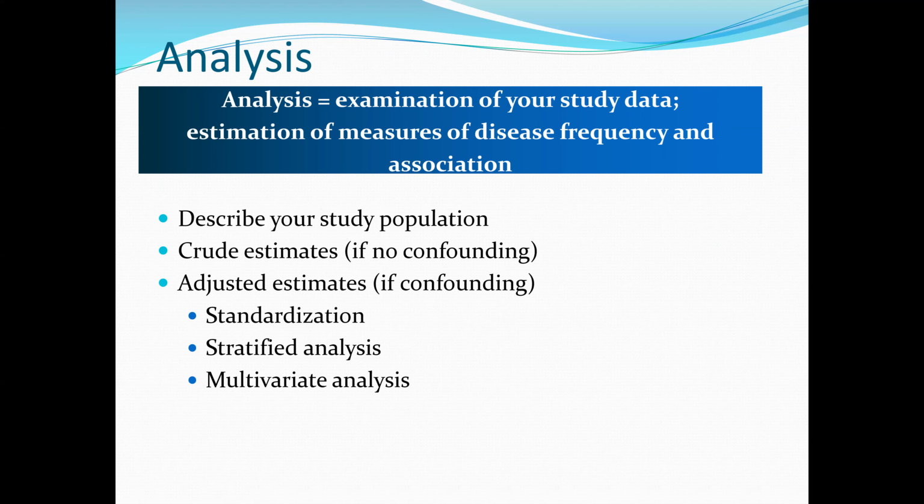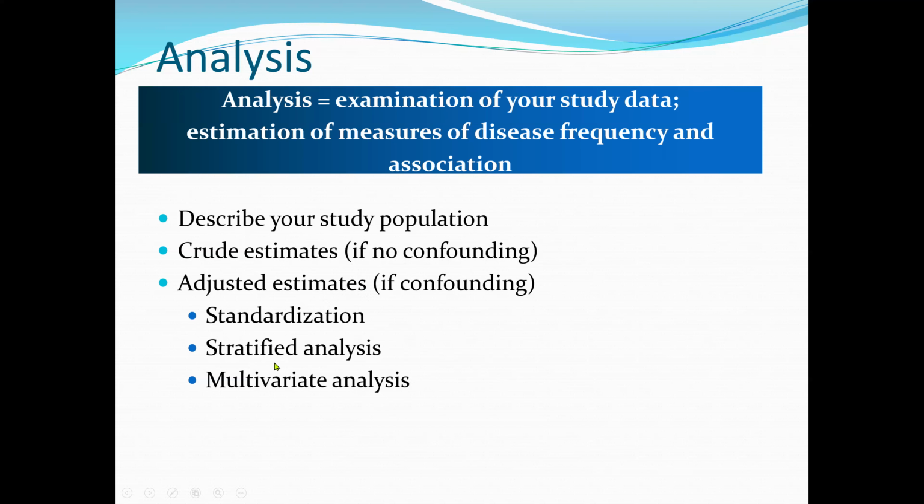We are not going to consider the age of the participants or their status, income, etc. Now, if we are not sure or we think there's confounding, then we do what is called the adjusted estimate. In this case, we need to consider more variables or characteristics of the participants that we think may be related to the disease.